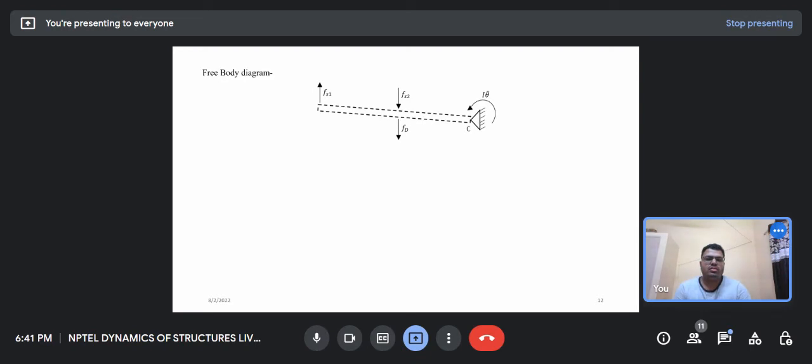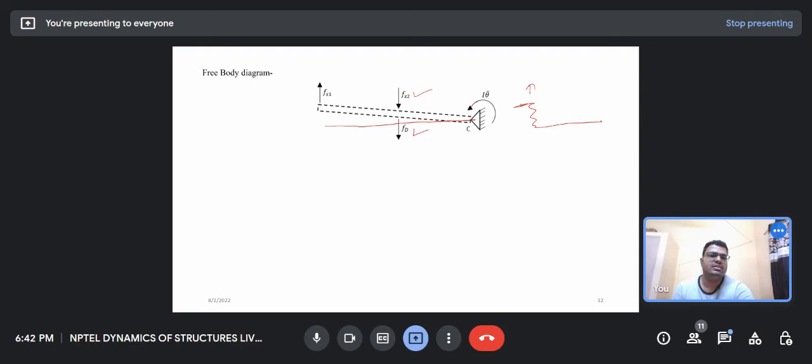Okay, so the beam is rotating, so the resisting force will be applied in the opposite direction. This is the spring force Fs2, Ft, and there is the inertial force of the rod. There is also force in the spring, because there is a beam and this is a spring, and there is excitation in this.